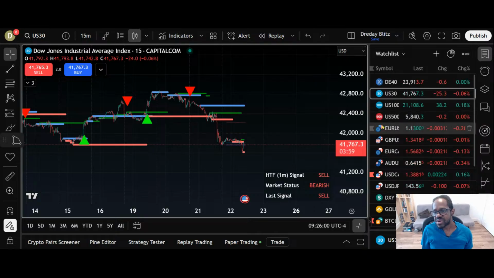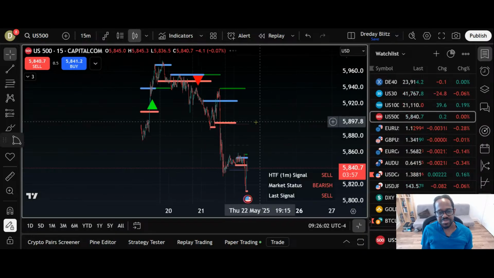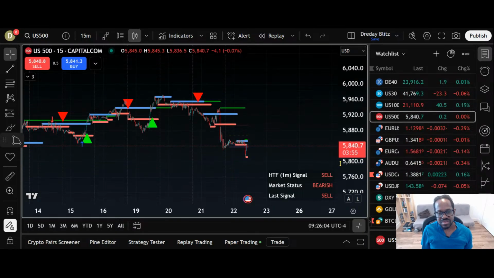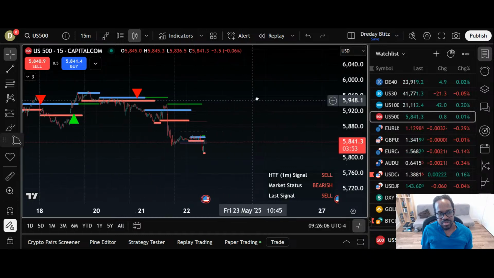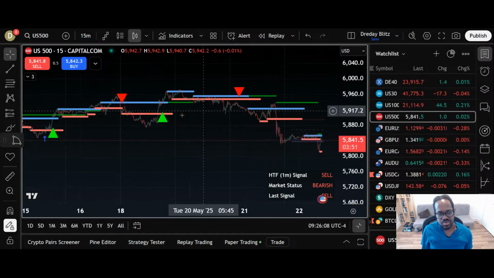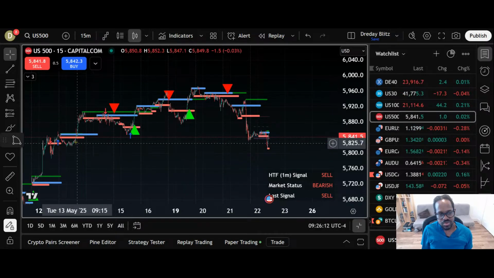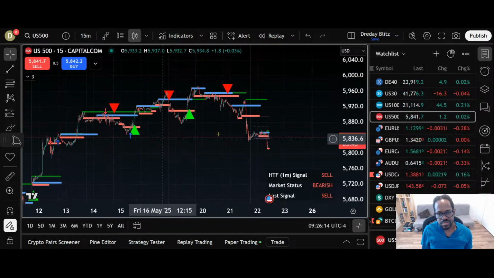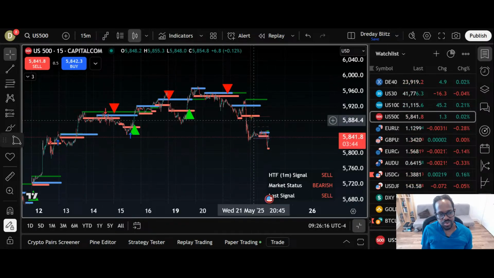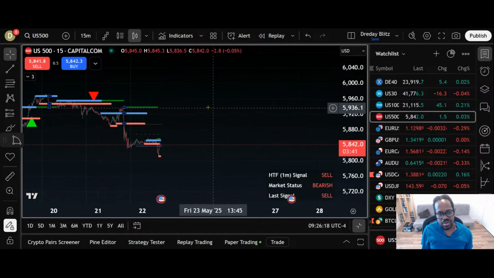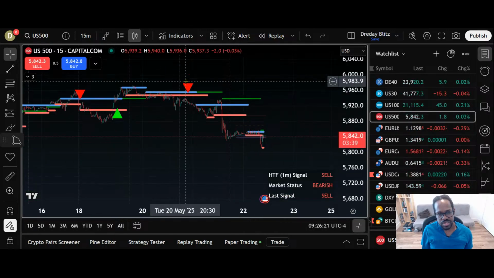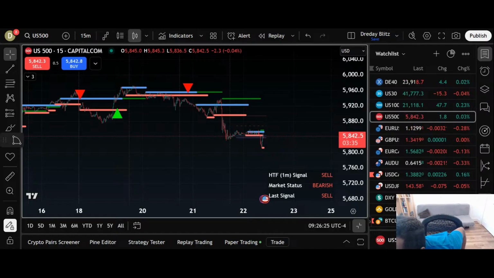Same thing for SPX 500. Those were like the two best trades here for this week. Went to that previous level here, consolidated. Now it broke out of that level. But those two trades were on Asian session, and unfortunately, I didn't take those trades.